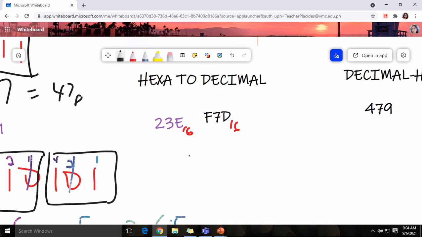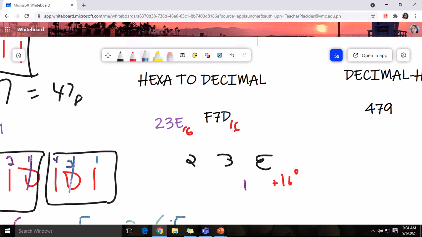I copy the 2, the 3, and the E. Since hexa is 16, we use 16 raised to 0, plus, and then add.